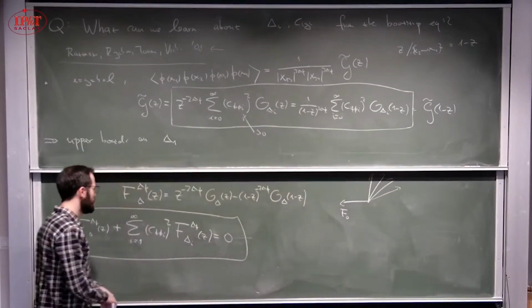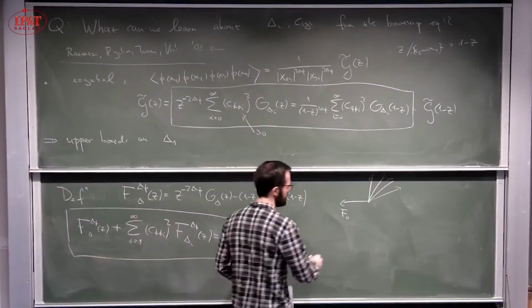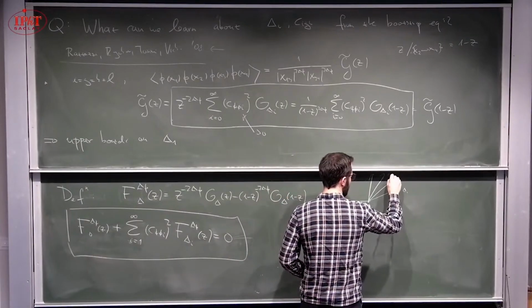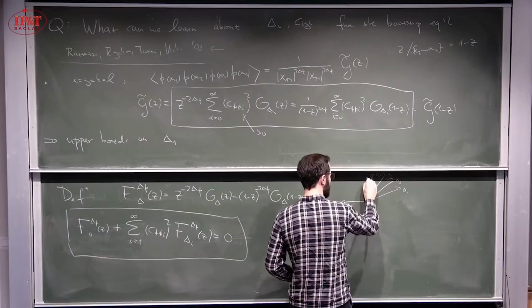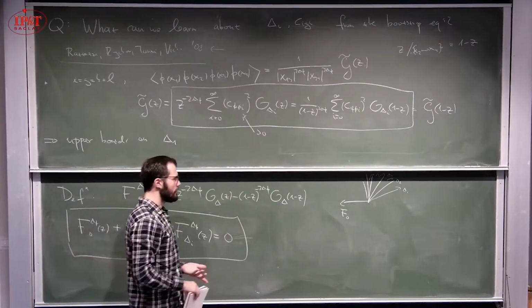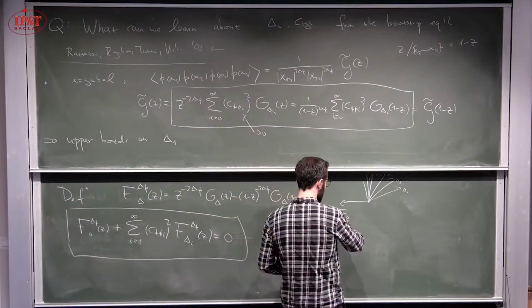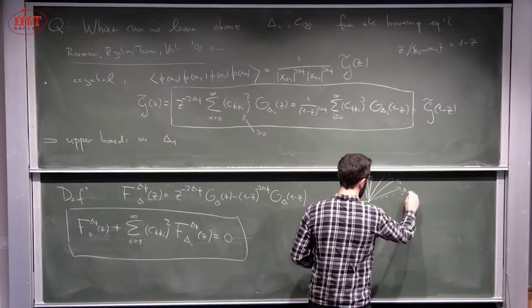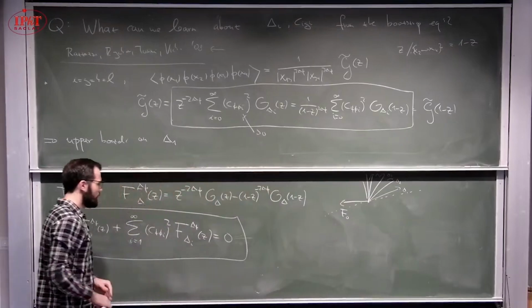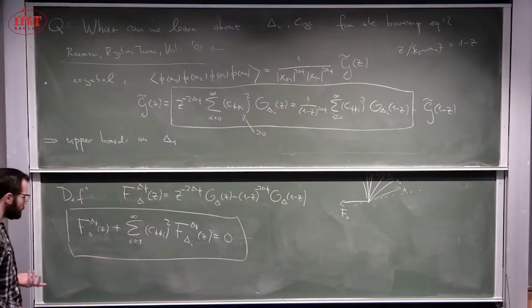Then clearly it's not possible. This is delta 1, delta 2, delta 3, delta 4, and so on. Even if you put infinitely many of them, it's just not possible to solve this equation simply because they're all in the same half plane. So you can find a line which separates them all from the identity. Right? That's a very simple idea.